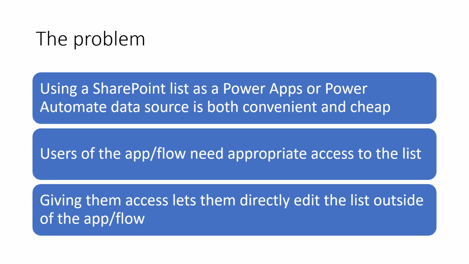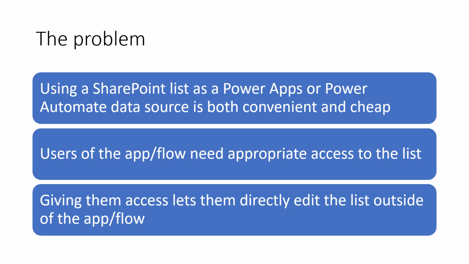Now the problem, however, is that in order for the end users of our apps and our flows to actually use them, they need access to those lists and libraries. If we give them direct access to the site, then they're going to be able to edit that data outside of our app or our flow.